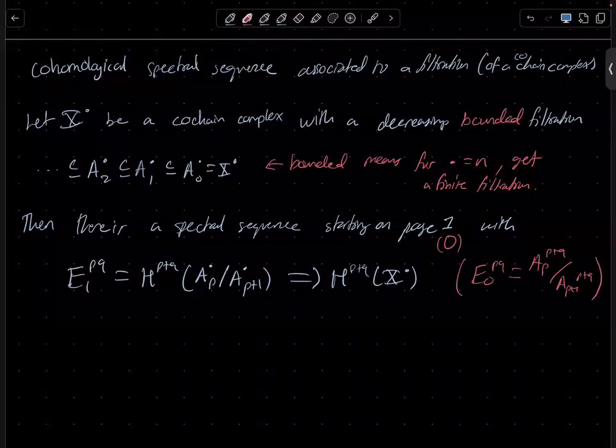Hopefully I got the indices right. Yeah, so does this check out? If I take the cohomology of the E0, do I get the E1? Yeah, you do. Okay. So you can do that if you like. Okay. And yeah, I should write out then.